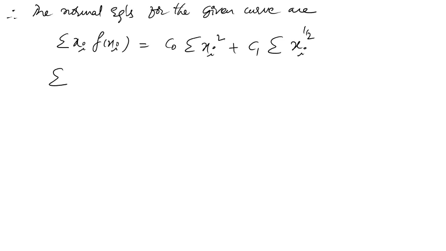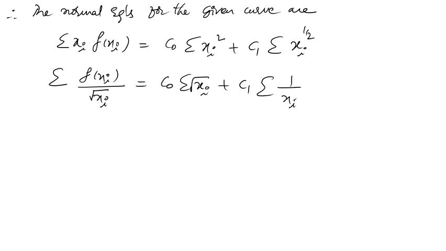Coming to the second one, summation f of xi by root xi equals c naught into summation root xi plus c1 into summation 1 by xi, since 1 by root xi into 1 by root xi is 1 by xi. These are the normal equations, isn't it? After simplification, you will get this.